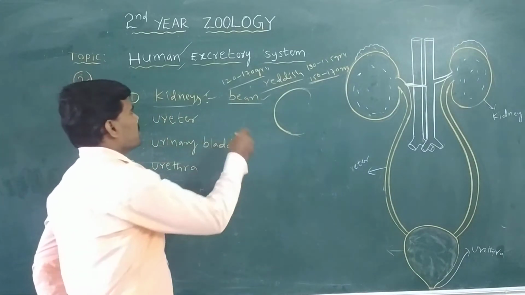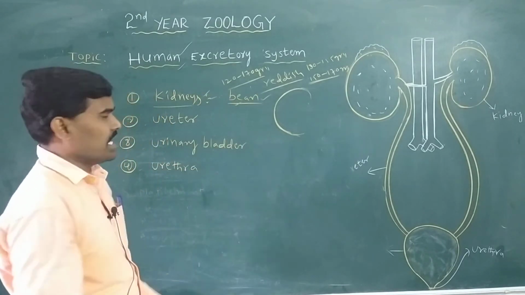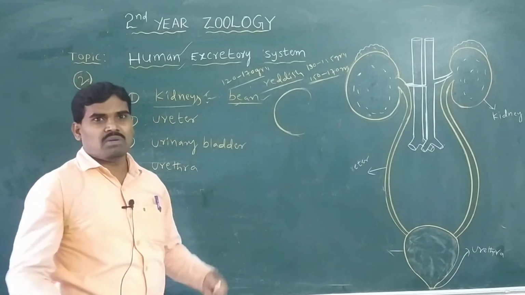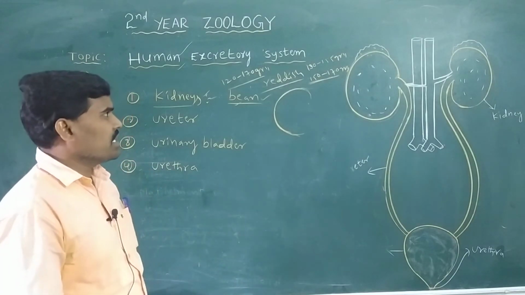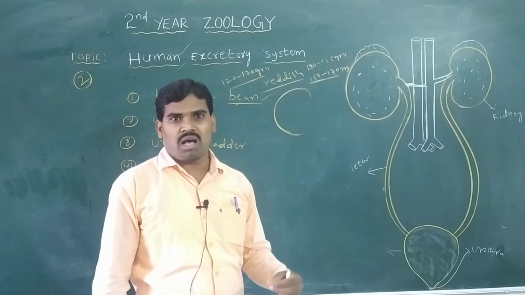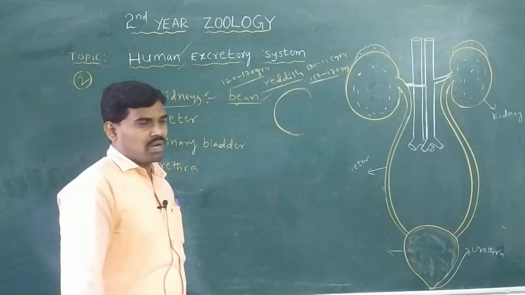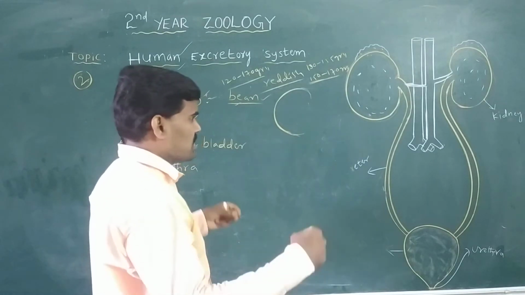The kidneys are bean shaped and reddish in color. One pair of kidneys, each one on either side of the vertebral column, in the lumbar region, attached by peritoneum layers.